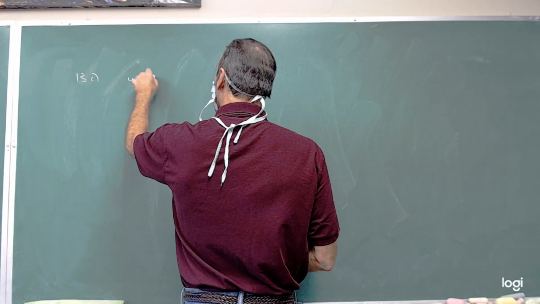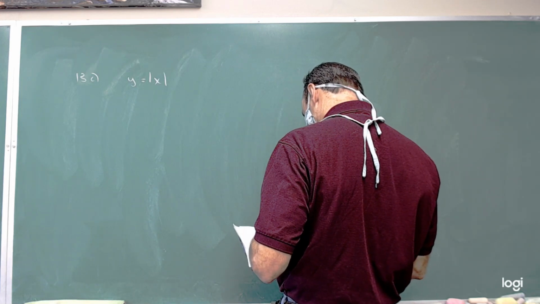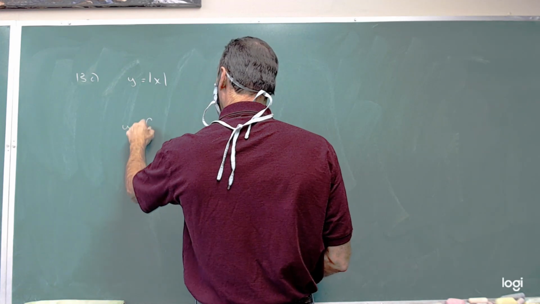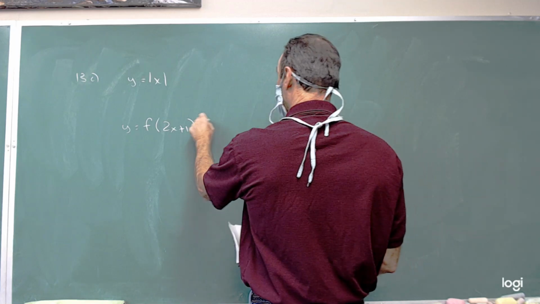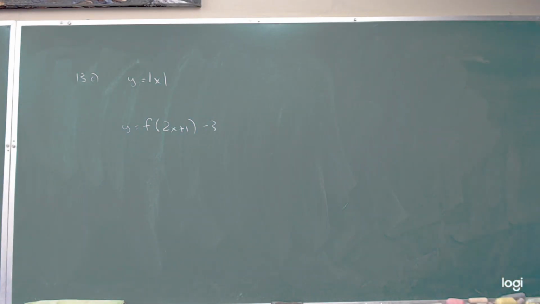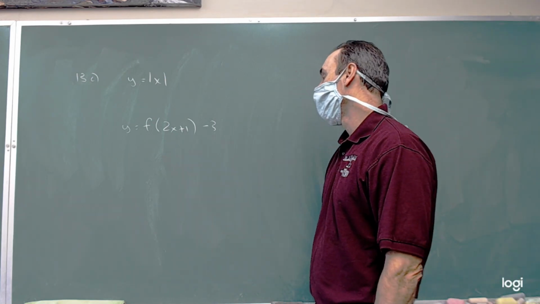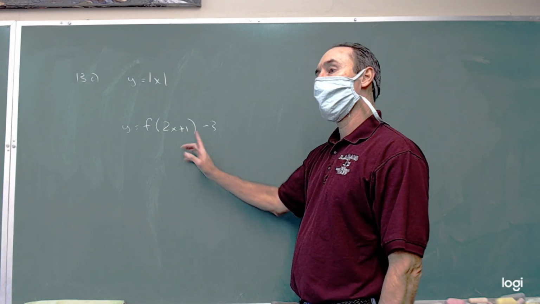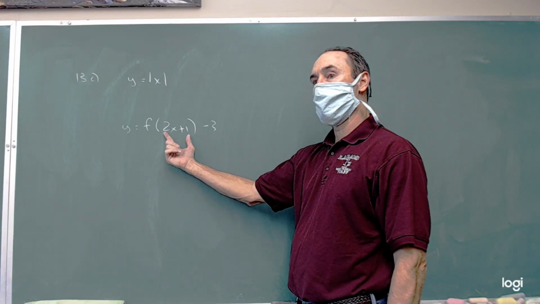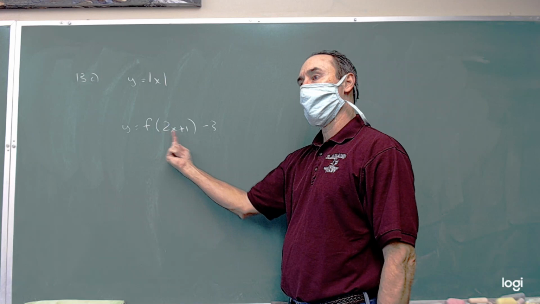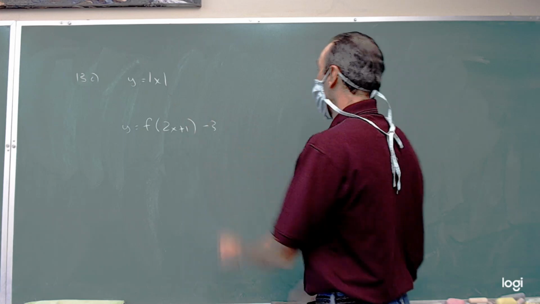We start with y equals absolute value of x as our parent function, and then we want f of 2x plus 1, minus 3. This is a tough one because it's not been factored, so it's a little bit dangerous. It looks like it's going to be moved 1 to the left, but that is not correct, because before we can tell the difference between the horizontal shrink and the translation, we have to factor inside there.